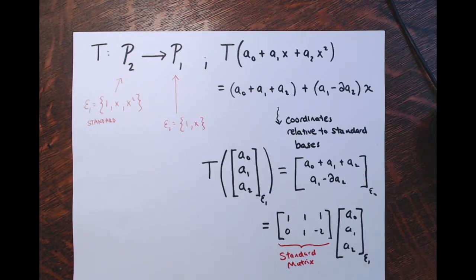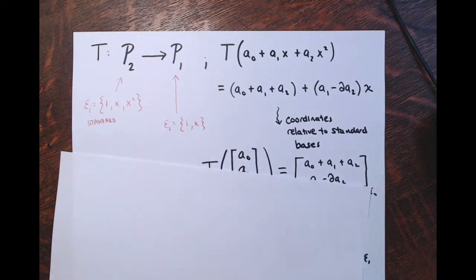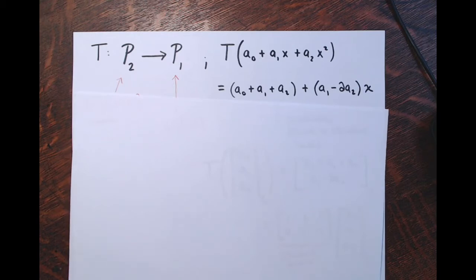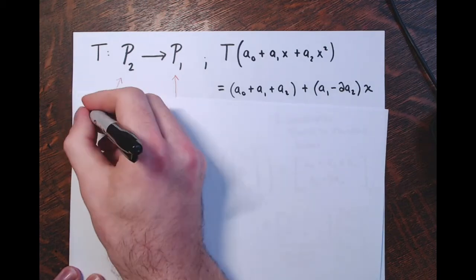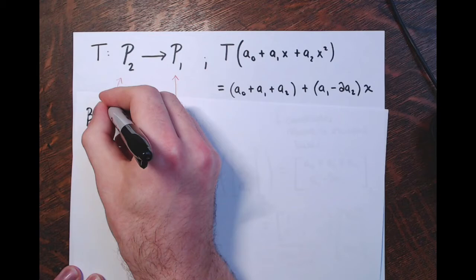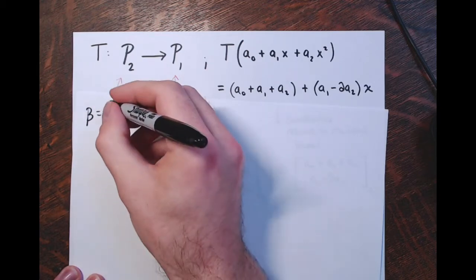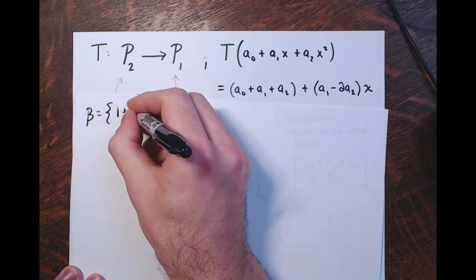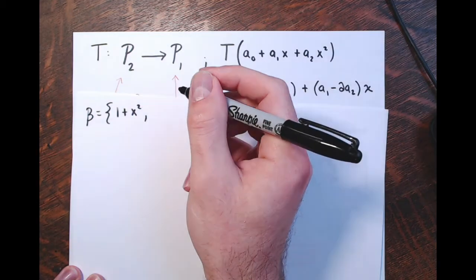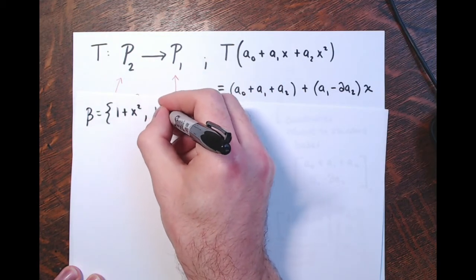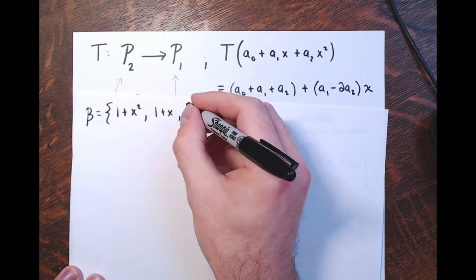All right, so now we're not working with the standard basis anymore. We're going to change it up a bit. Instead of the standard bases, we're going to have B be the basis for P2. We have 1 plus x squared, 1 plus x, and 1.